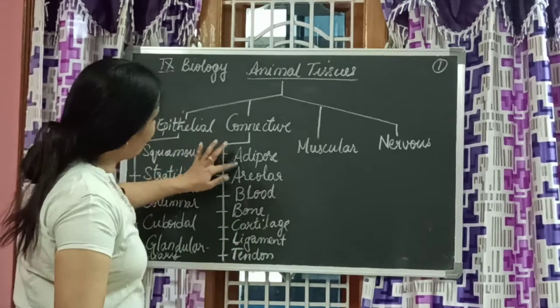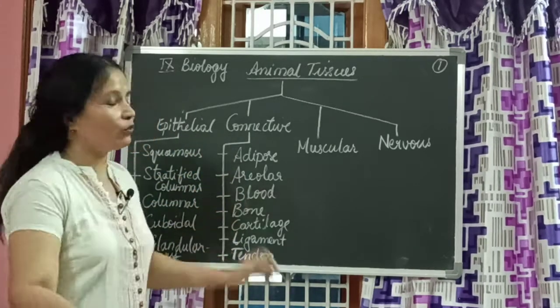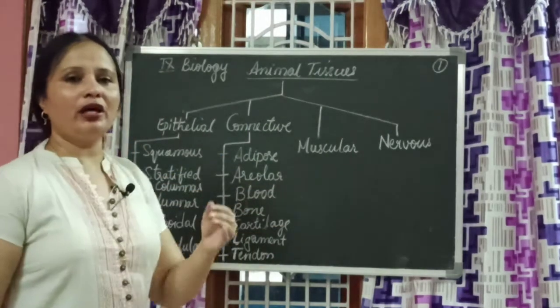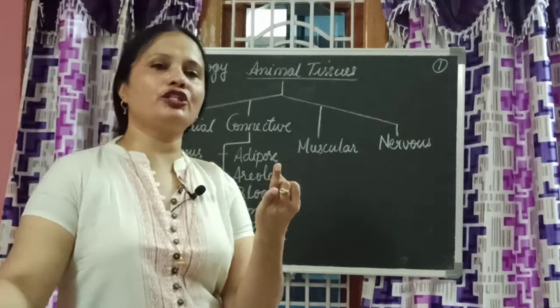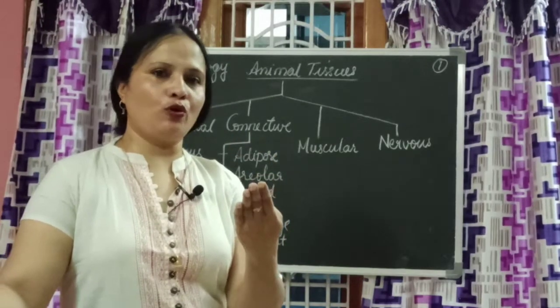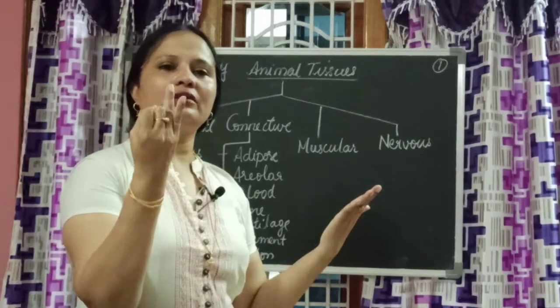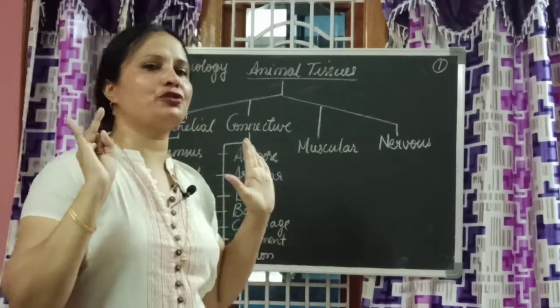Did I write all? 1, 2, 3, 4, 5, 6, 7. Wow, I did it. Now let us see. Adipose tissue, areolar tissue, blood, bone, cartilage, ligament, tendon. 7 connective tissues are there.